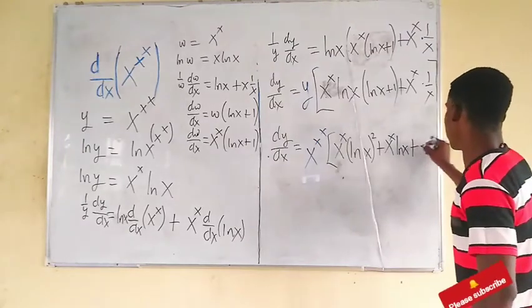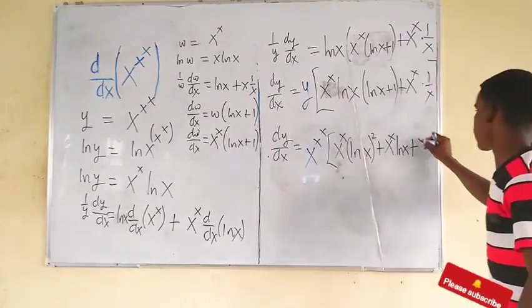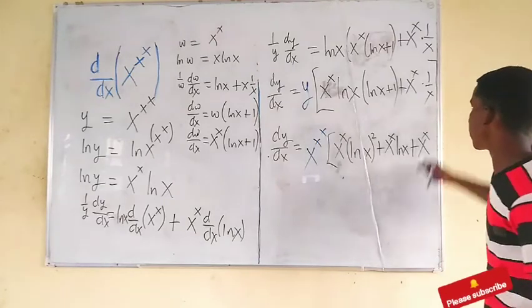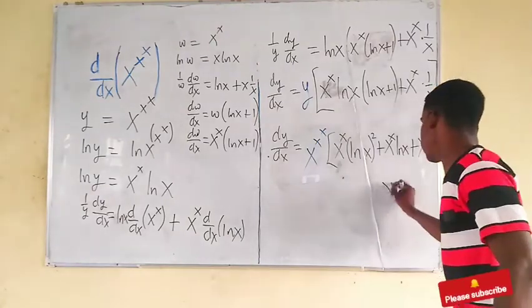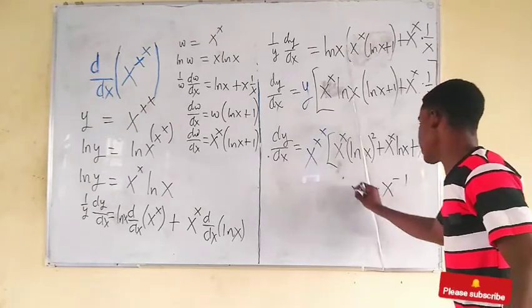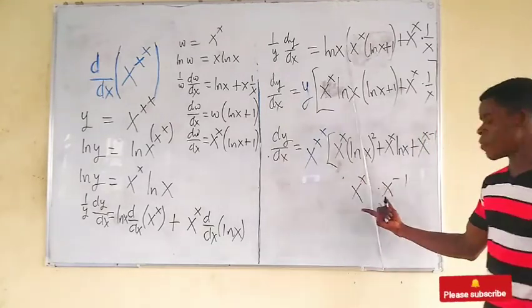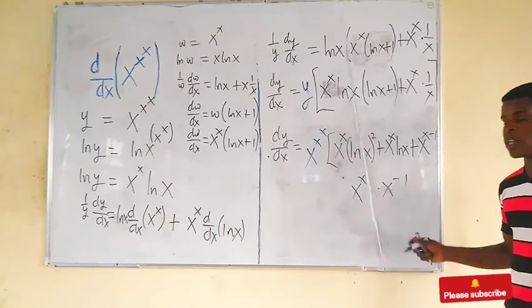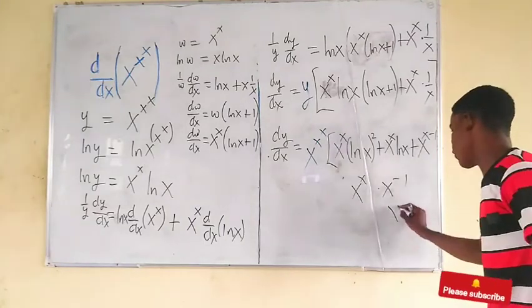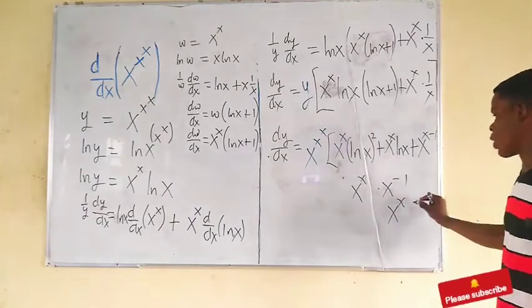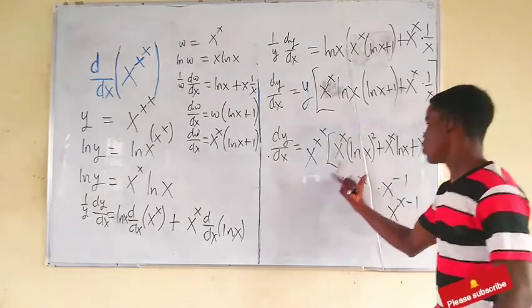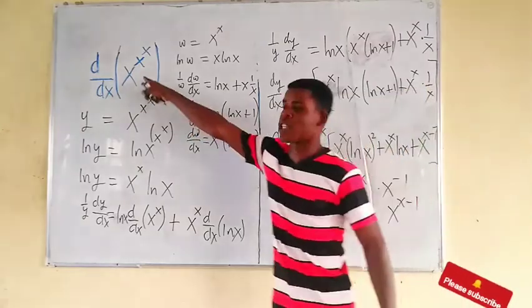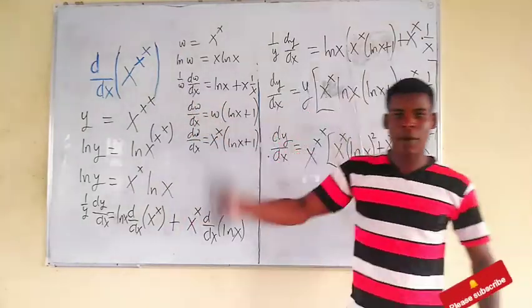And we can go ahead and say this is just x to the x minus 1. You know, 1 over x is x to the negative 1 power, and if you are multiplying that by x to the x power, in a way the bases are the same, and they are multiplied, we can simply add the powers. We have x to the x plus negative 1, that's just x to the x minus 1, like this, okay? And this is the result we get by differentiating x to the power x to the power x.